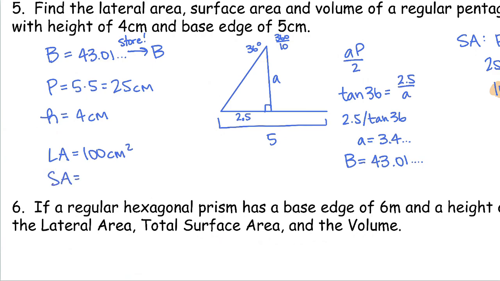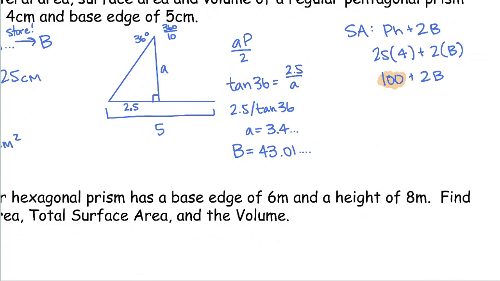And our surface area is going to be that 100 plus 2B. So 100 plus 2 times B. Sorry, my calculator is being weird.